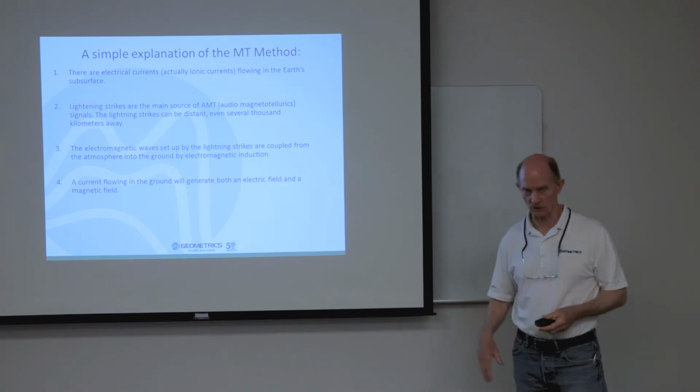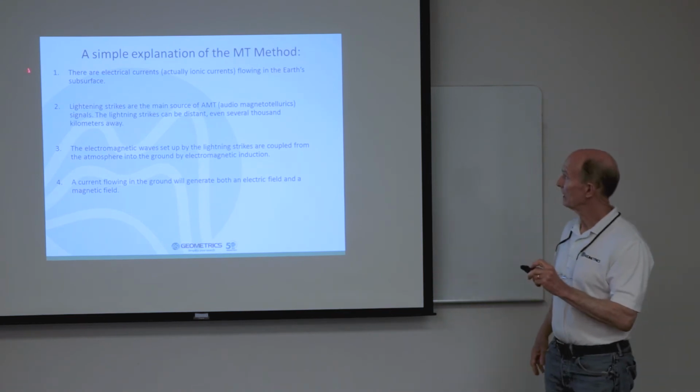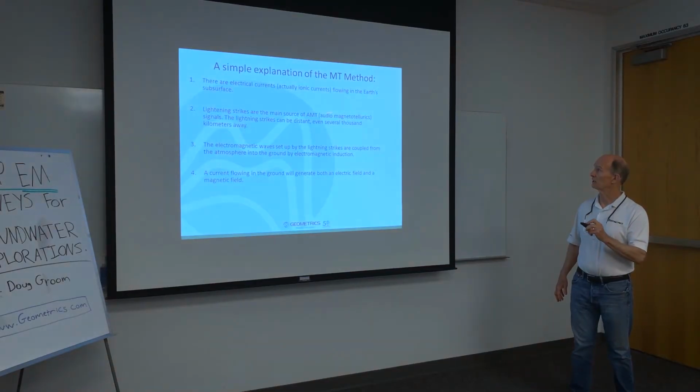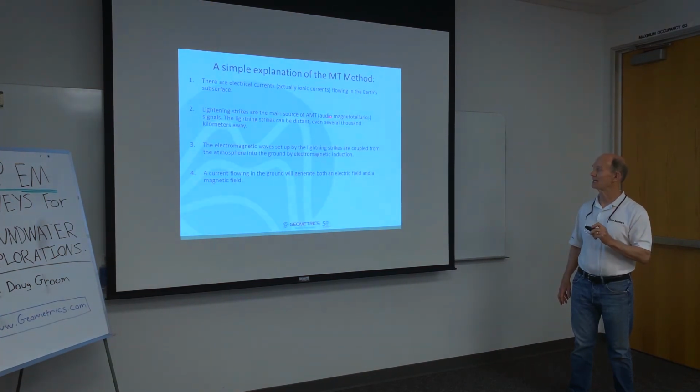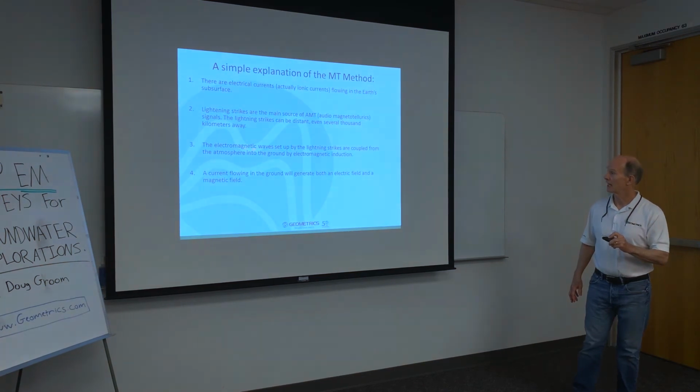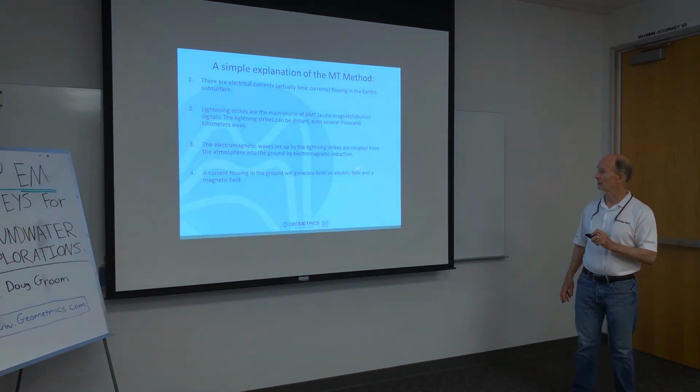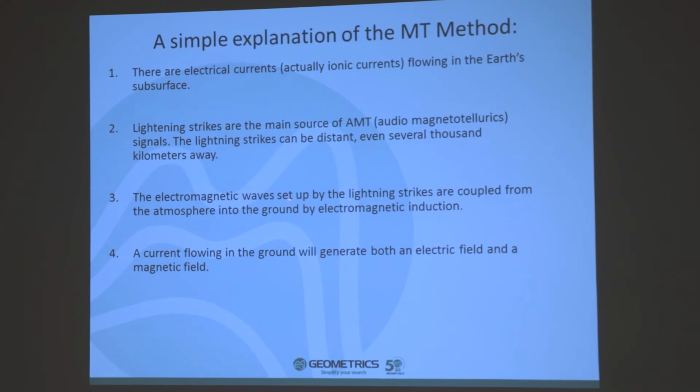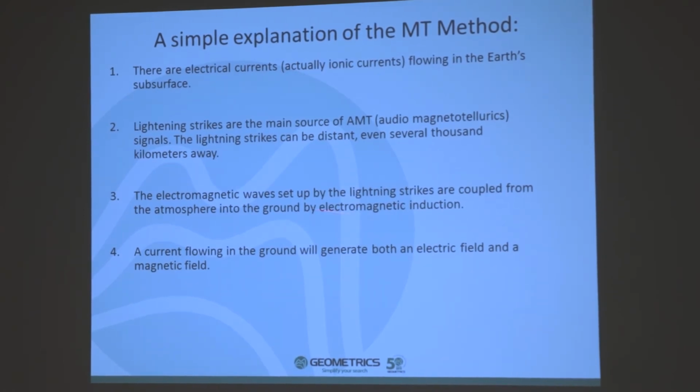So, how does this work? There are electric currents flowing in the earth. They are caused by lightning strikes, typically. These electromagnetic waves are coupled from the atmosphere into the ground by electromagnetic induction. These are actually what's called displacement currents.